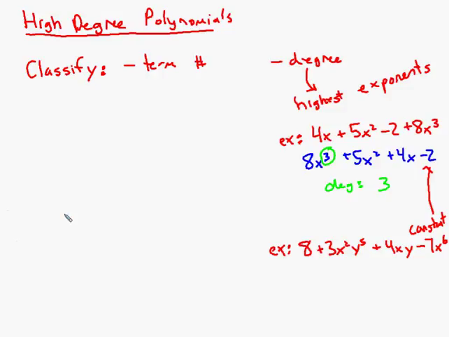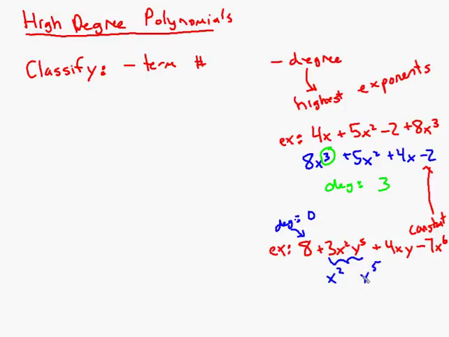Now, on this one, I'm not going to bother putting in order because we have multiple variables. But I am going to talk about degree. So, I look at this term. Now, the degree of this term is 0. Why? Because the exponent on the variable is 0. There is no variable.